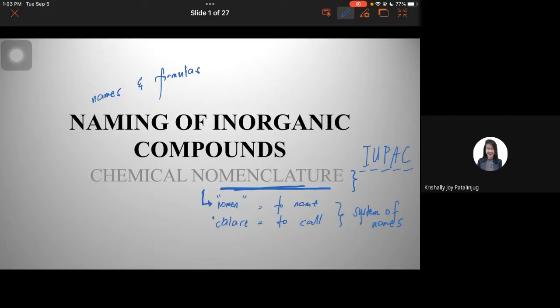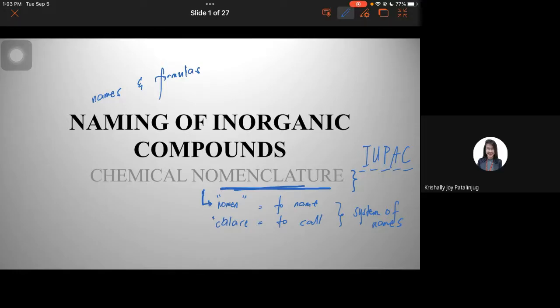They are the ones who provided the systematic rules to follow in naming compounds. Later, in the succeeding slides, we'll discuss the rules in naming inorganic compounds, may it be ionic or covalent compounds. Okay, so we have a set of rules to follow.